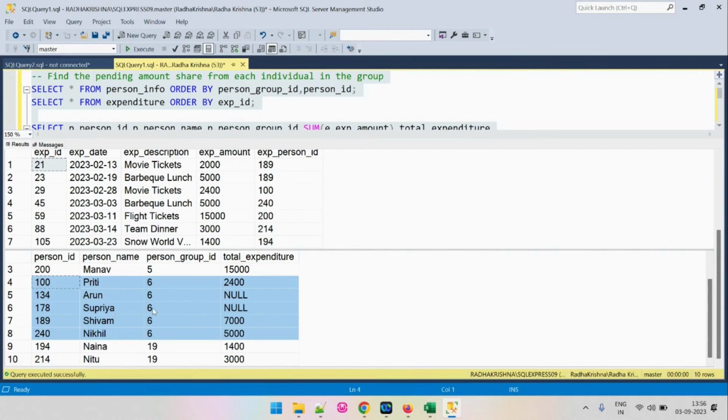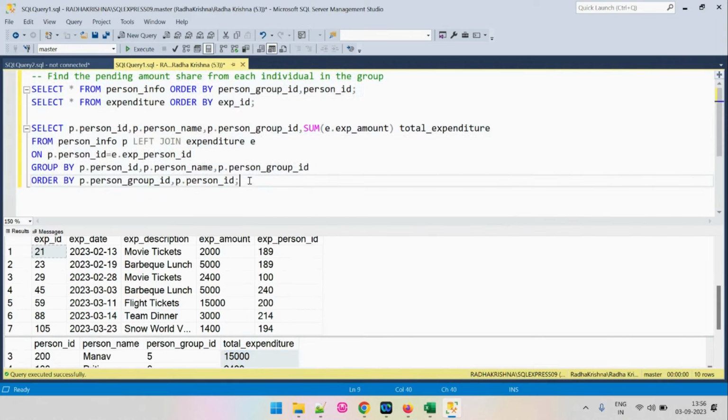Out of the five, three have done expenditure, and these are the details of total expenditure, and two people have not done any expenditure. Hope it is clear till this point. So we have derived our first column, which is the total expenditure done by each individual.